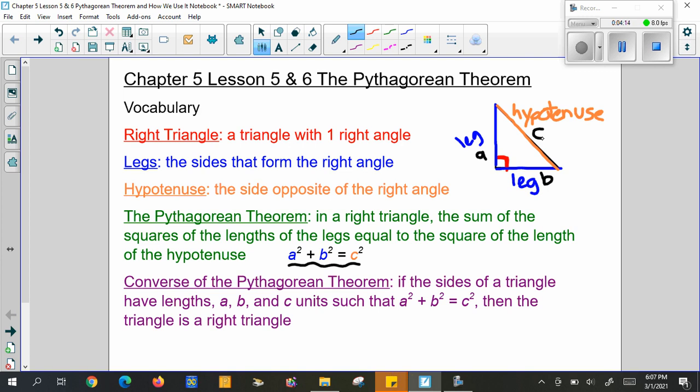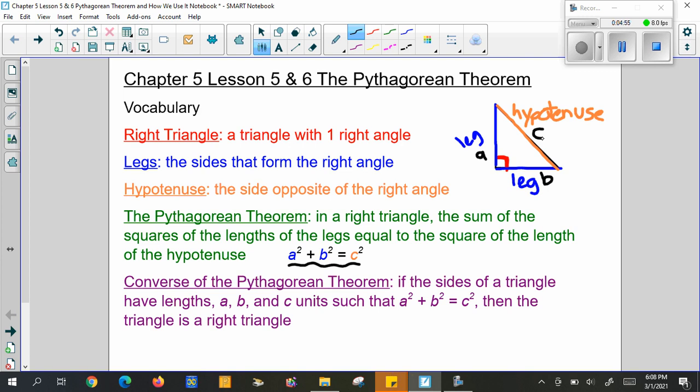So in this case, I'm taking the Pythagorean theorem, turning it around backwards, and when I do that, it is still a true statement. And that converse says, if the sides of a triangle have lengths A, B, and C, such that A squared plus B squared equals C squared, then the triangle is a right triangle.